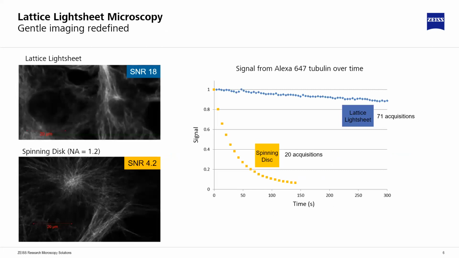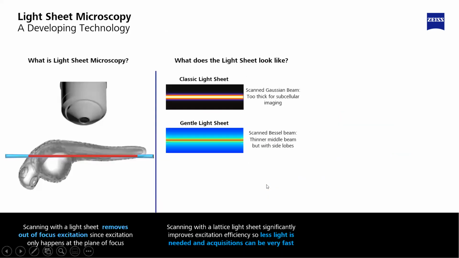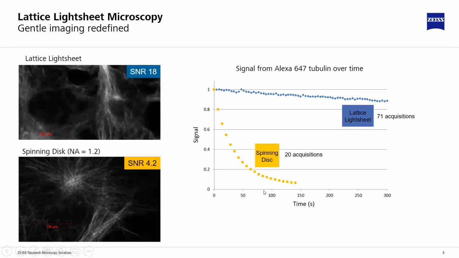And you can really see the benefits of gentle imaging, for example, with a lattice light sheet quantified here in this graph. So here on a spinning disk confocal, the fluorescence signal is almost entirely lost after 150 seconds of continuous imaging time and 20 acquisitions. However, in comparison, on the right side here, we see the lattice light sheet 7.